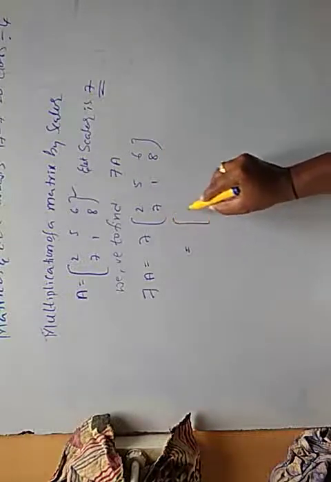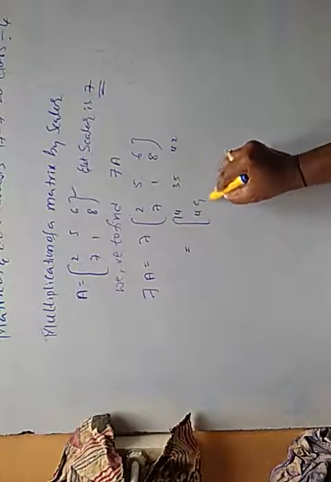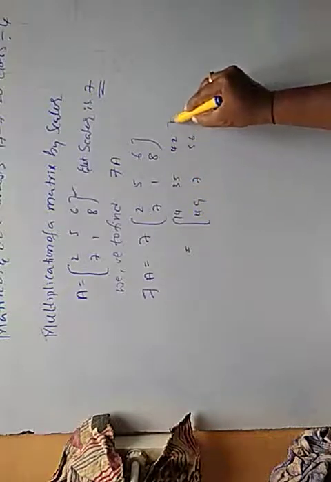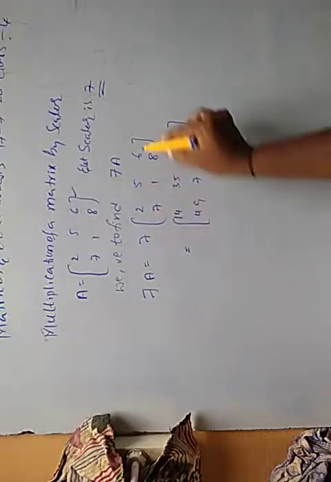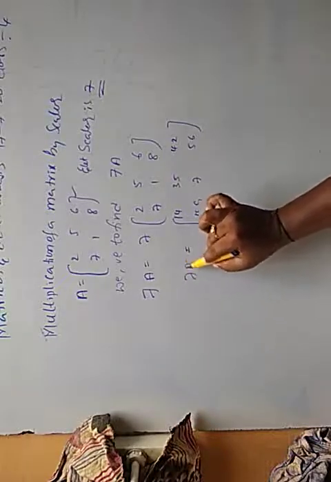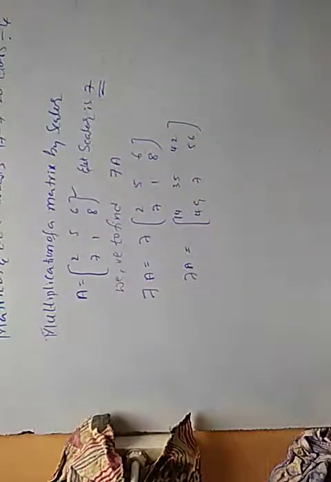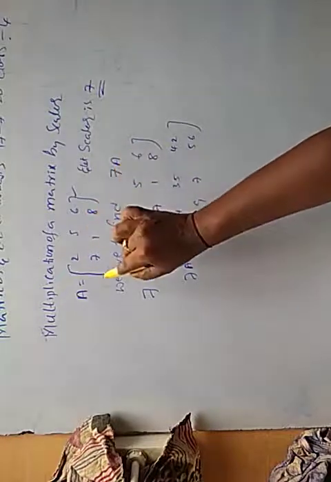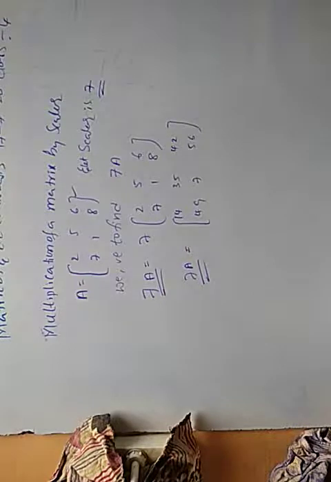That means 14, 35, 42, 49, 7, 56. 7 2 is 14, 7 5 is 35, 7 6 is 42, 7 7 is 49, 7 1 is 7, 7 8 is 56. This is 7A, multiplication of a matrix by a scalar. 7A is equal to this, is the answer.